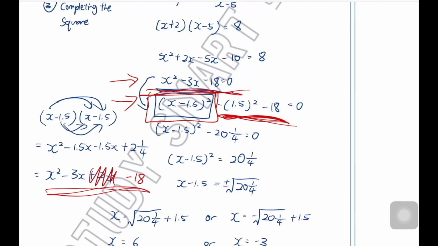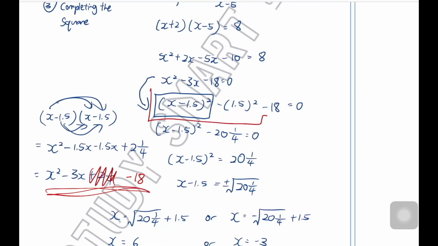And these numbers, although they look very magical, are the numbers that will help me account for it, so that this whole equation here that you have completed the square will be the same as the original equation that you start off with.